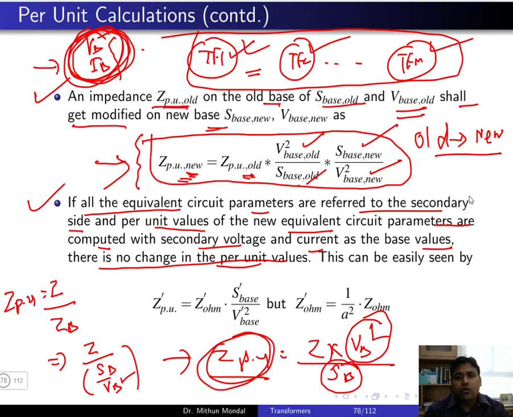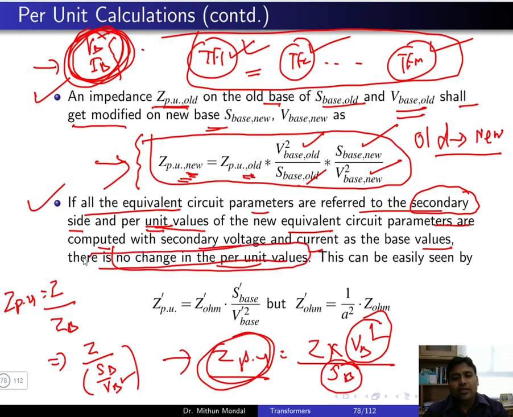Now, if we focus on the secondary side and we refer all the parameters from the primary side to the secondary side and try to obtain the per unit value on the new base values, then it will not matter a lot. There will be no change in the per unit values.